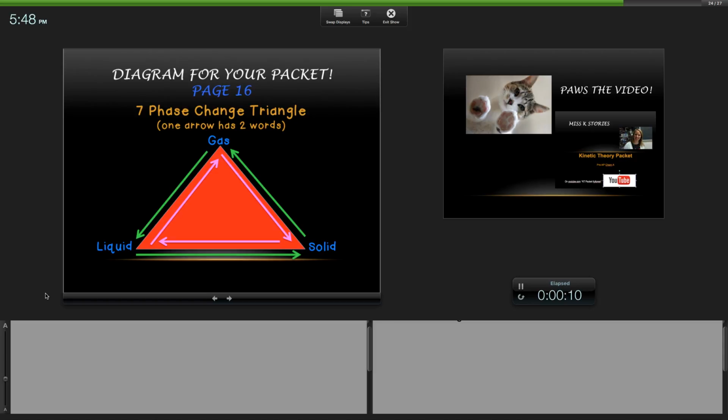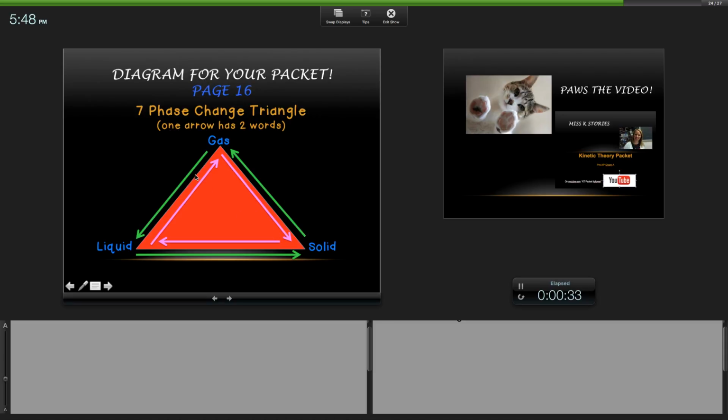All right, so go ahead and draw this on page 16, your phase change triangle, and then there are 7 words to fill in on this page: melt, freeze, evaporation, boil, condensation, sublimation, and deposition. Depending on what's happening in this direction, so this is adding energy, the green arrows, and this is removing energy, the pink arrows. Go ahead and fill in those things.